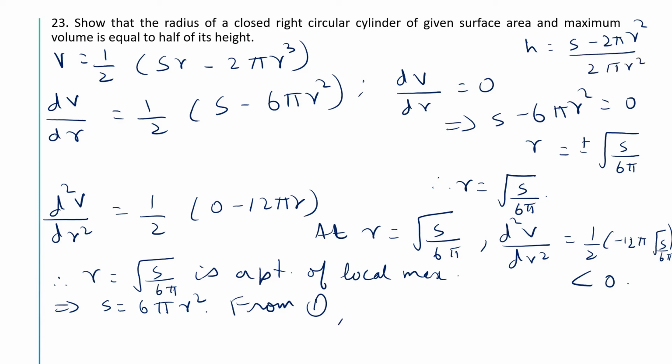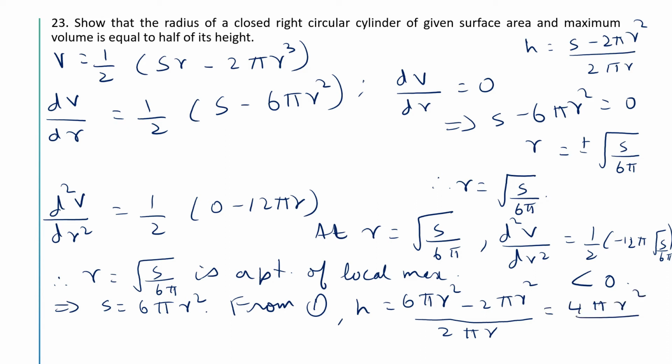So from 1 we have h is equal to 6 pi r square minus 2 pi r square divided by 2 pi r, or this is equal to 4 pi r square by 2 pi r.